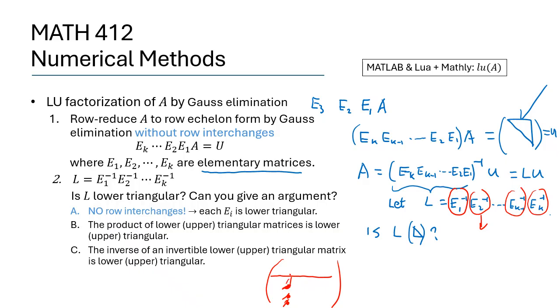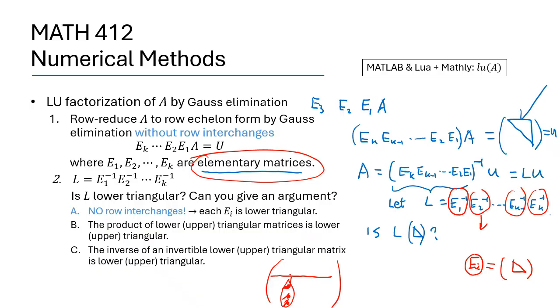Those terms could be non-zero, so it's lower triangular. Each elementary matrix here, in this very context, given that there is no row interchange, is a lower triangular matrix.